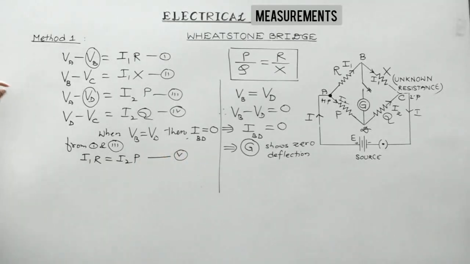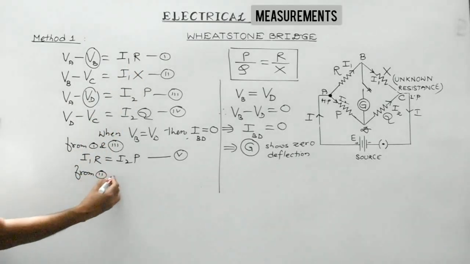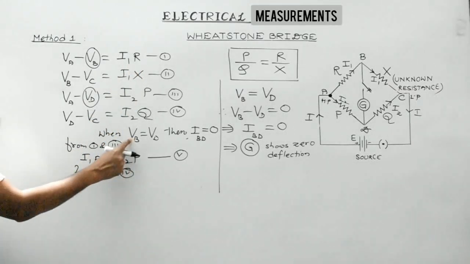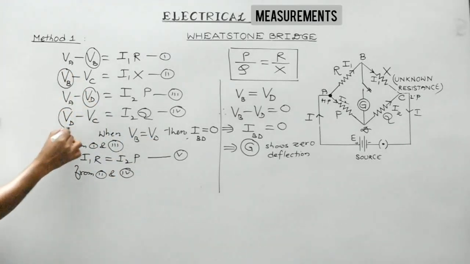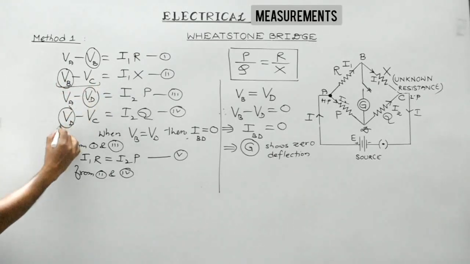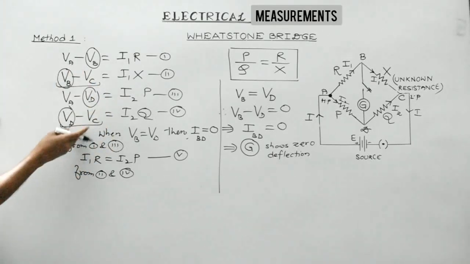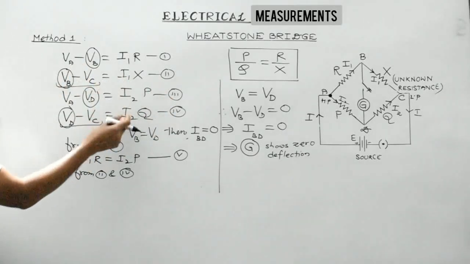Similarly, consider equations 2 and 4. When VB is equal to VD, these two will become the same. Therefore, the left hand sides of equations 2 and 4 are the same. Therefore, the right hand sides can be equated.